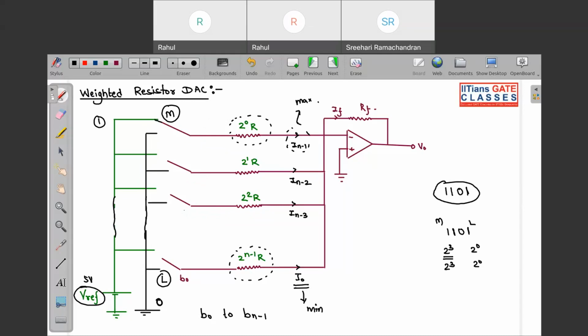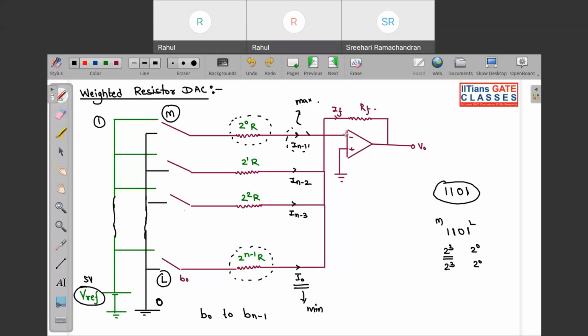So this bit will be connected over here to 1, even this will be connected over here corresponding to 1, this bit will be connected to 0, and this will also be connected to 1. Now corresponding to this we will have values of R, so we can calculate what V0 will be with the help of the normal concept of op amp.